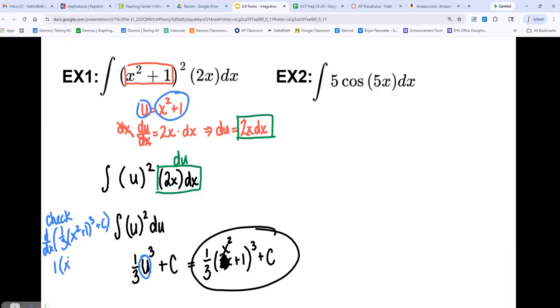Then you have (x squared plus 1) to the second. And then you would multiply that by the derivative of the inside, which is 2x. The dx is part of the integral, so that's not included in your answer, but this lets you know, oh wait, that's what I started with. I'm good.